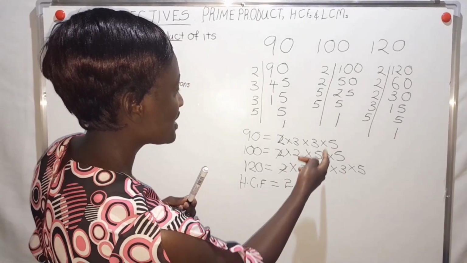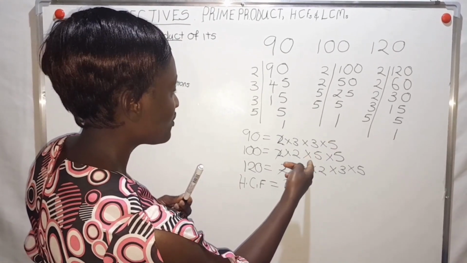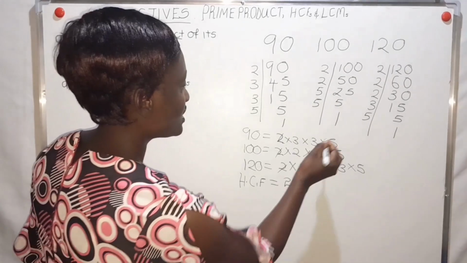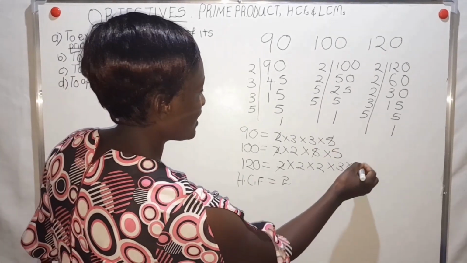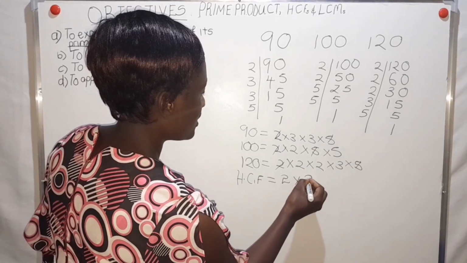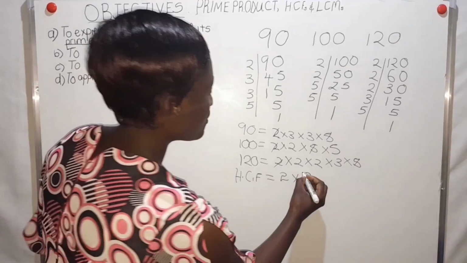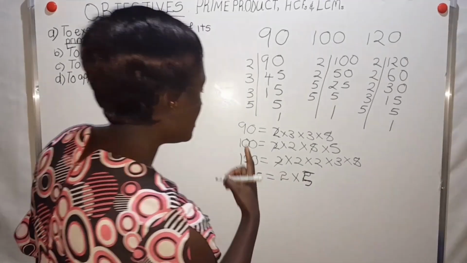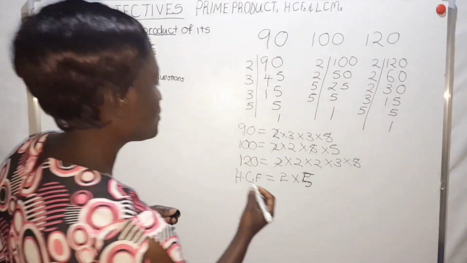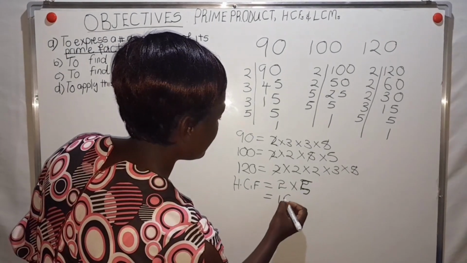But 5, we are getting 5 in all the factors of 90, 100, and 120, so we take 5. So the highest common factor of 90, 100, and 120 is 10.